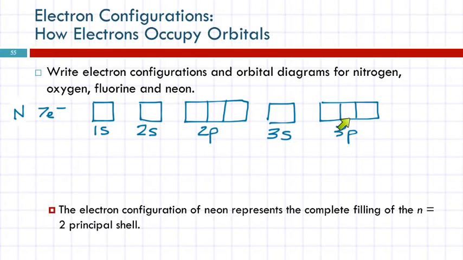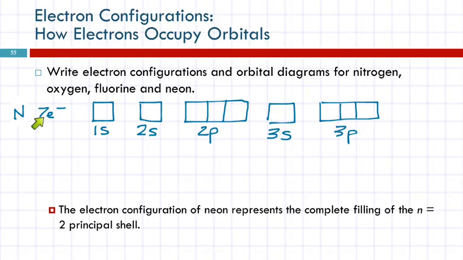What I've drawn here is more boxes than I need for nitrogen, but just to show you what's going on, there's the S, and on the second floor S and P, and on the third floor S and P, and then there's a D, but we're not going to worry about the rest of it yet. So does the row always determine the highest shell that has any electrons in it? Yep. And those are considered the valence electrons.